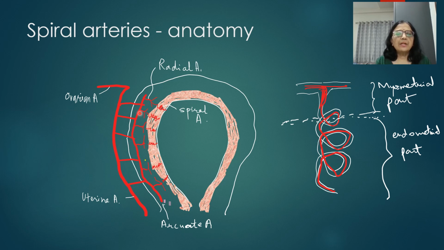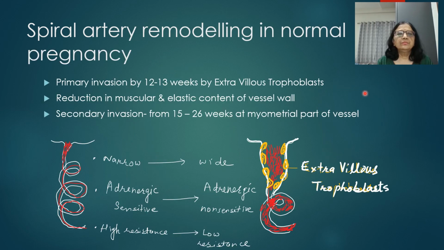Arcuate arteries again send radial arteries, and then there are smaller apical arteries, parallel to the junction of endometrium and myometrium, and from these apical vessels, small spiral arterioles pierce the endometrium. Some part of the spiral arteriole is in the myometrium also. So this is the myometrial part of the spiral arteriole, and the coiled one is the endometrial part.